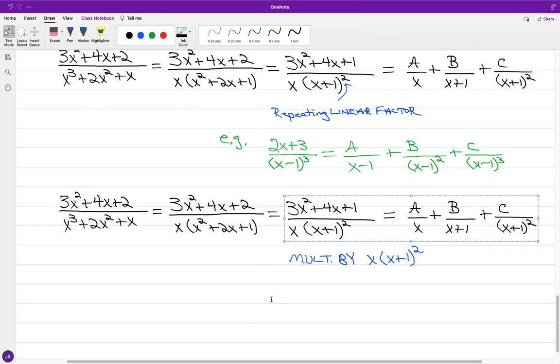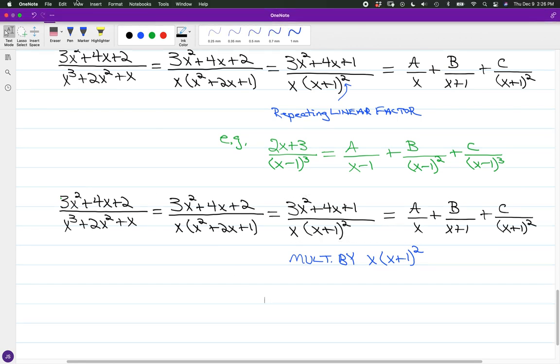So if I multiply by x and the square of x plus 1, we have a bit of history to repeat in terms of eliminating the denominators.